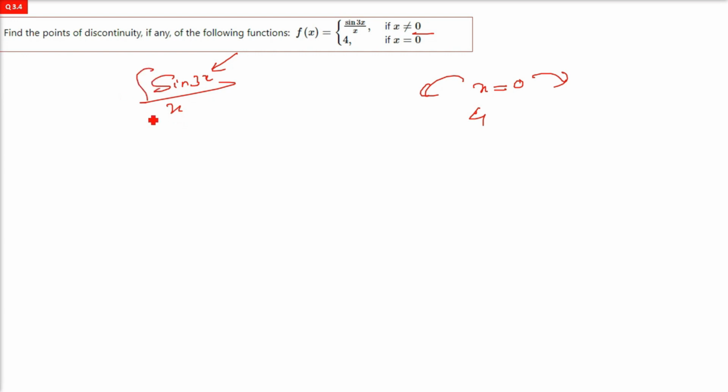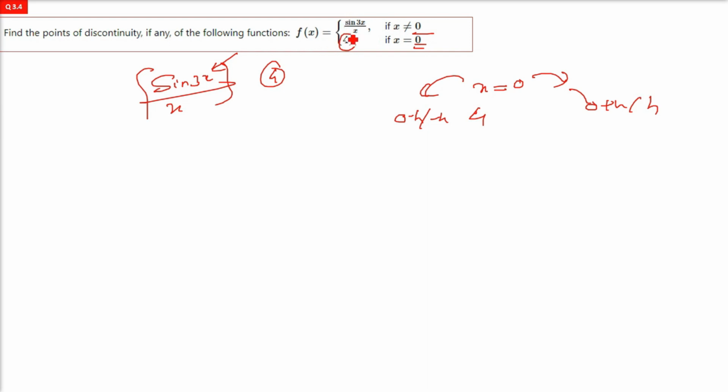So they both are separately continuous, and if you take the quotient, that is f(x) by g(x), they also will give you the same result. And the value which is constant 4 is actually a line parallel to the x-axis.